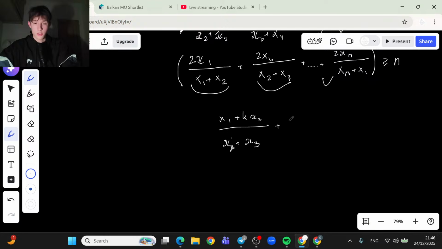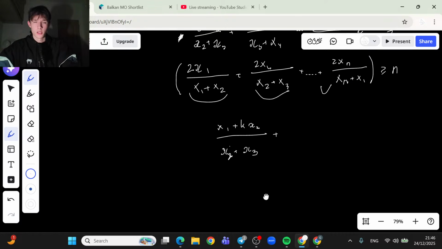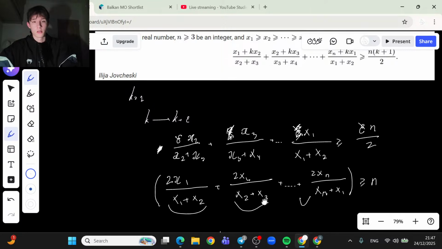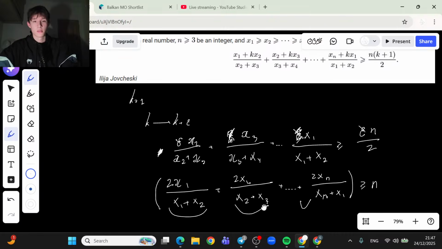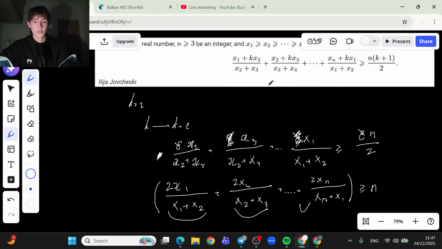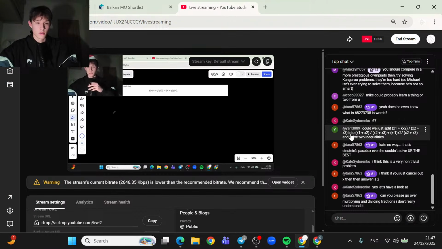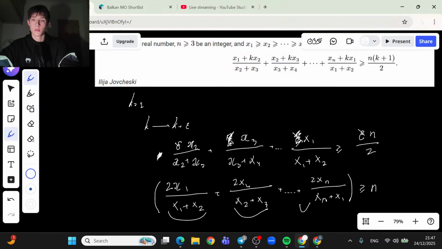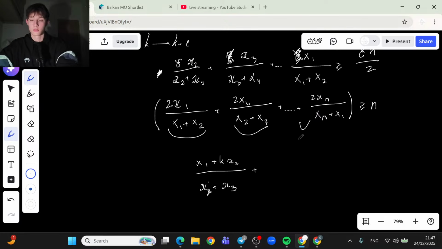That's another good question to ask. Then x2 plus kx3. I think it's too complicated. If you try to close in x1 plus x2, if this is fixed, then everything just changes so weirdly that I think this doesn't really work. I just don't see it working, but maybe my intuition is wrong.